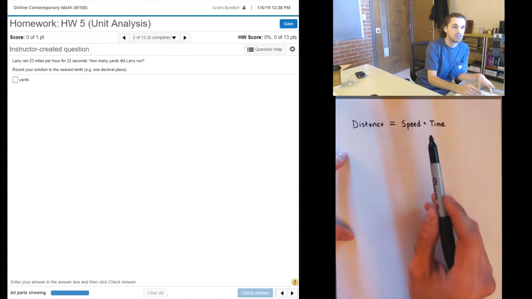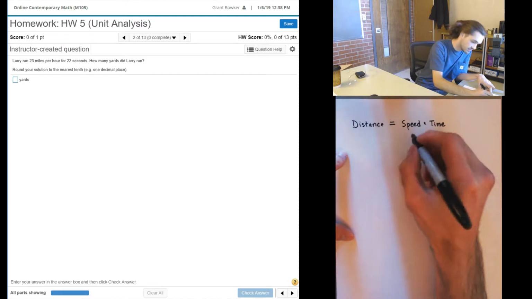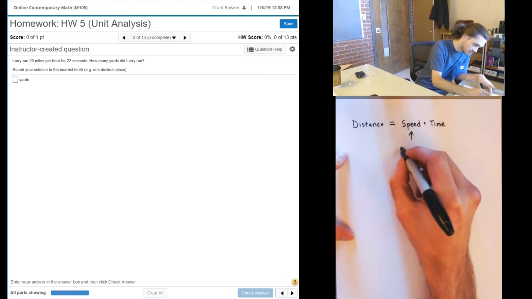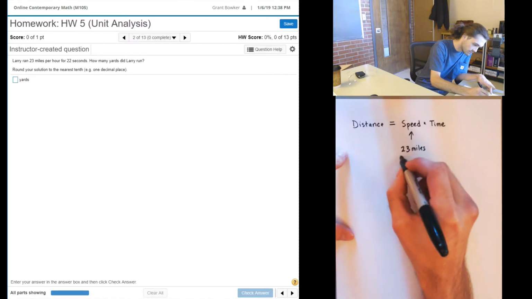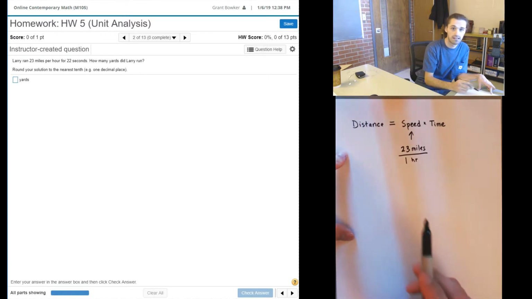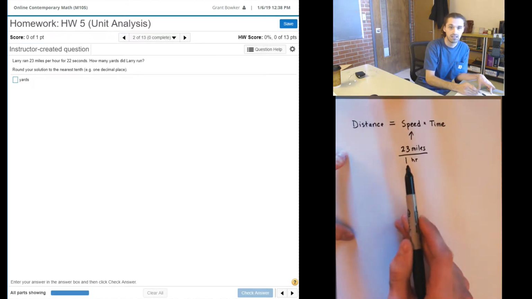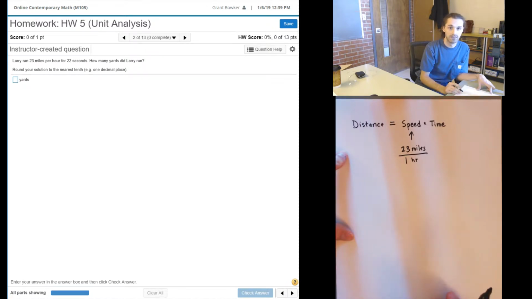This is the equation that governs the situation, and let's go ahead and fill in what we know. So Larry ran 23 miles per hour. That's going to be our speed. So this is going to be 23 miles per 1 hour. Now recognize speed is a fraction. If you do not have speed set up as a fraction, you won't have much to work with.